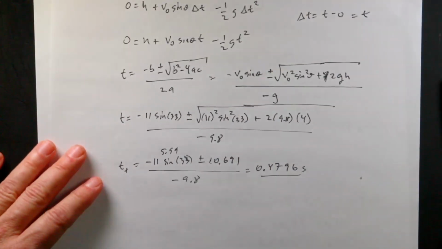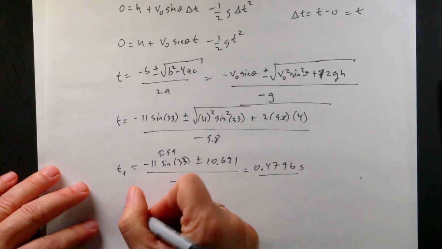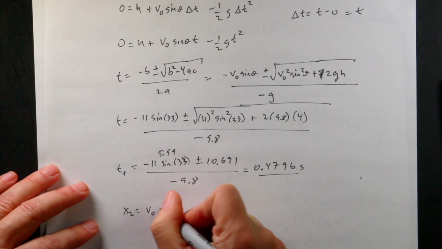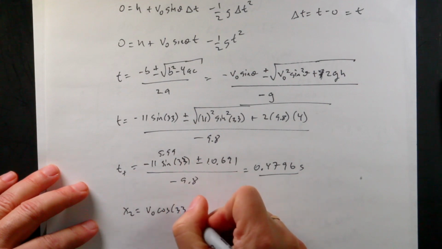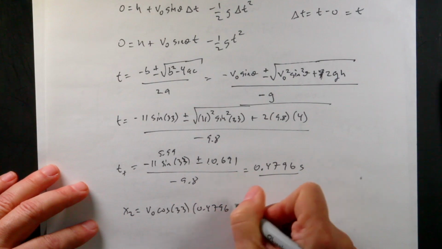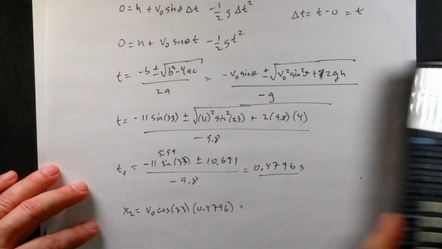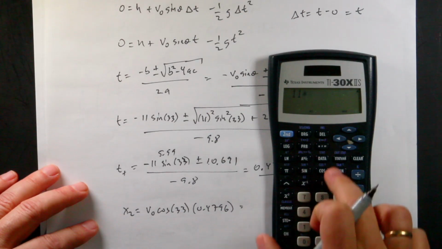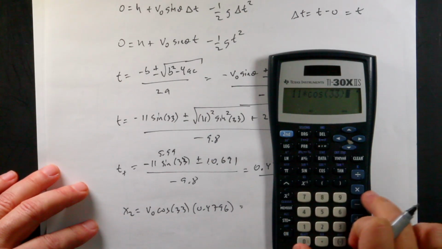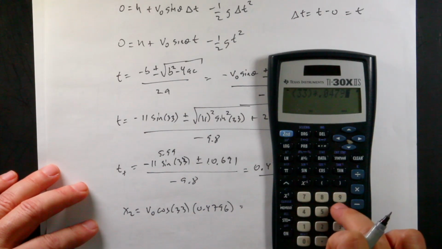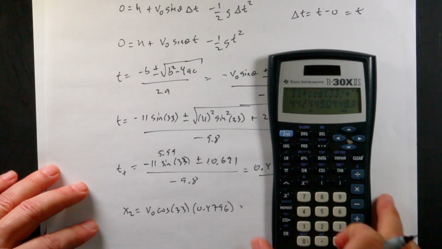That was stupid. I feel dumb. Okay, now I can put this back in my x equation, and I get x2 equals v0 cosine 33 times that time of 0.4796 seconds. Let's do that. 11 times cosine 33 times 0.04796, enter.